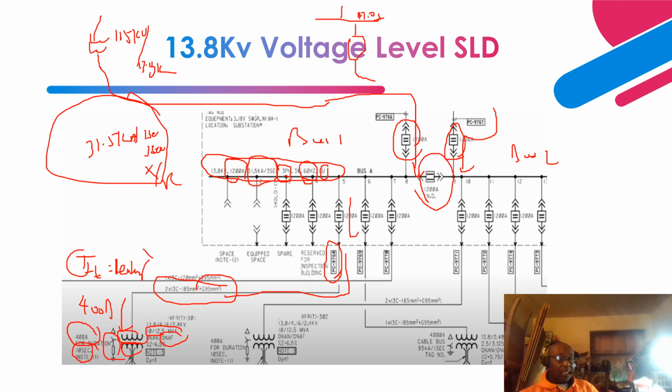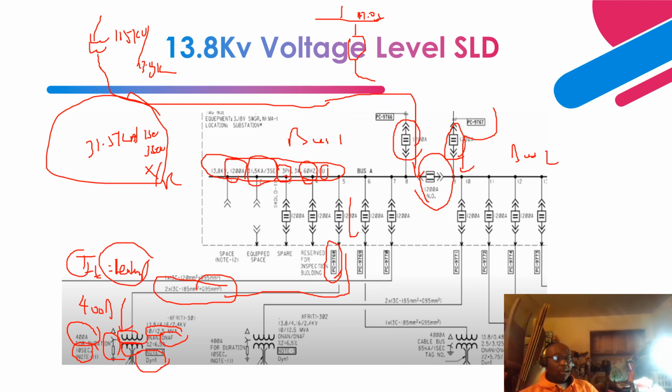Okay, so that is how the sizing of this resistor is done, and also this is the vector configuration of this transformer, DYN1. So that shows that the high voltage side, the 13.8 kV side, is wound in delta configuration, and the low voltage side is wound in a Y configuration.